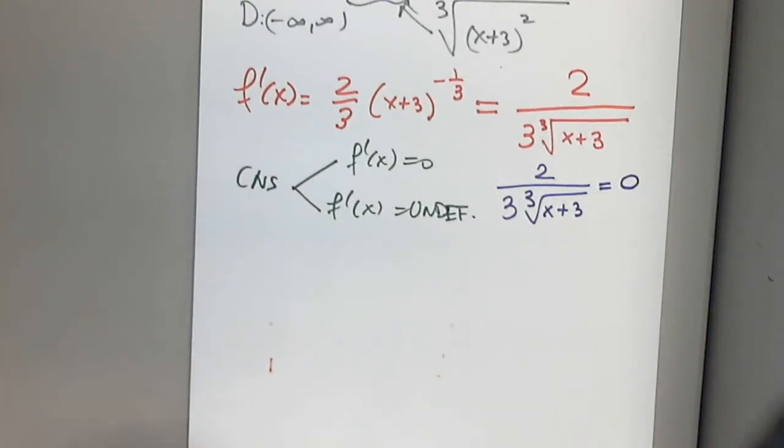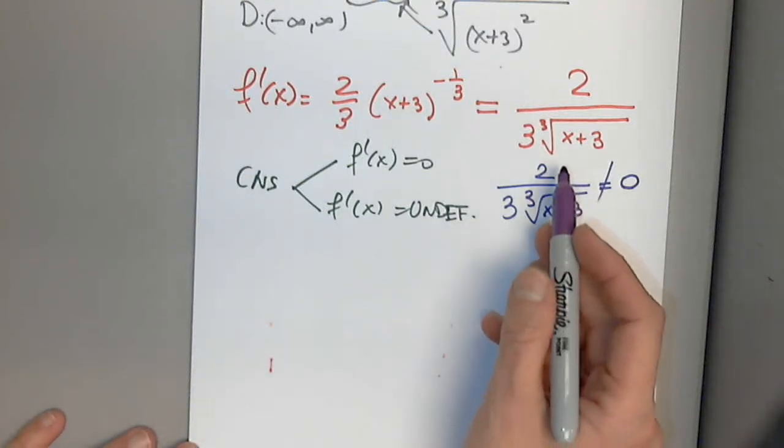And now I'm going to ask you, what do you think? You should ask me, you lost your mind. A fraction is 0 only if the numerator is 0, so this can never be 0. Goodbye. So then, let's look at f prime again.